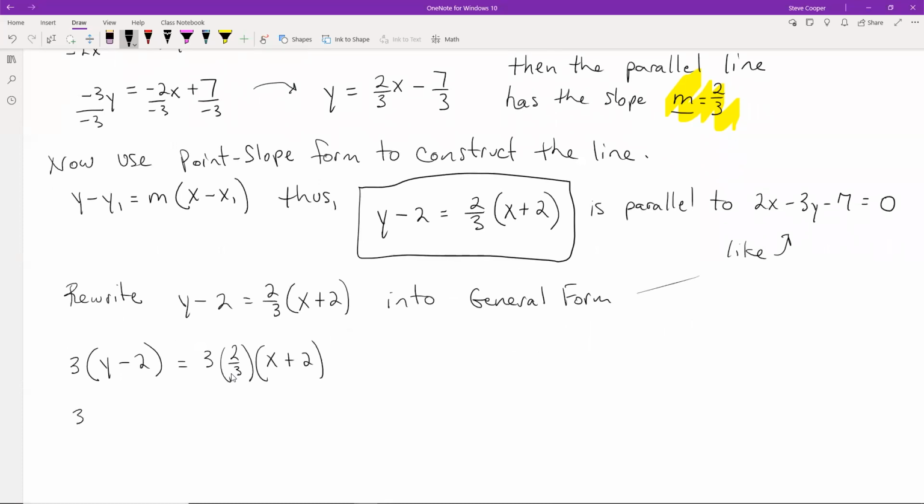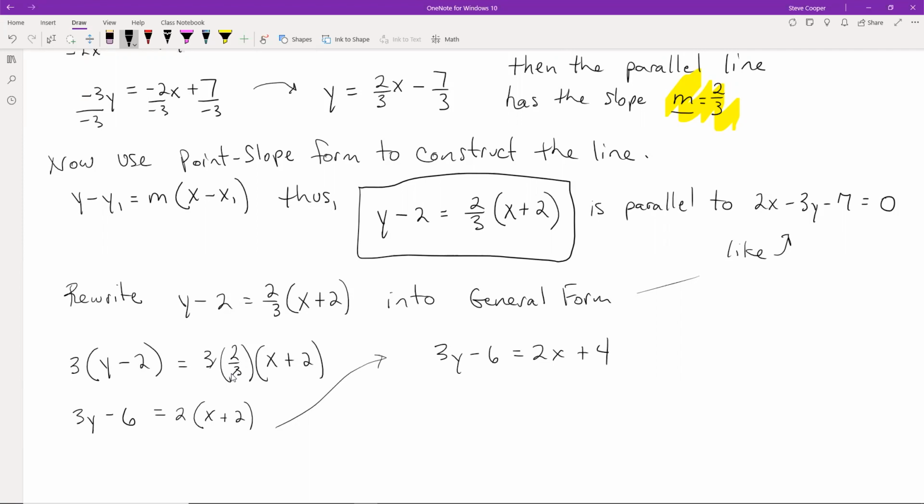So I get 3y minus 6 equals, and then those 3's are just going to cancel. That becomes 2 times the quantity x plus 2. So I get 3y minus 6. Distributing the 2, I've got 2x plus 4.